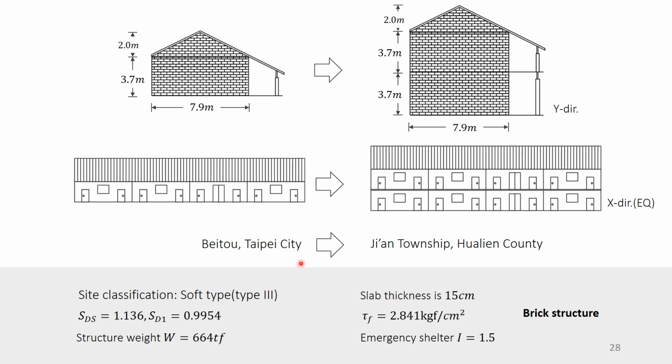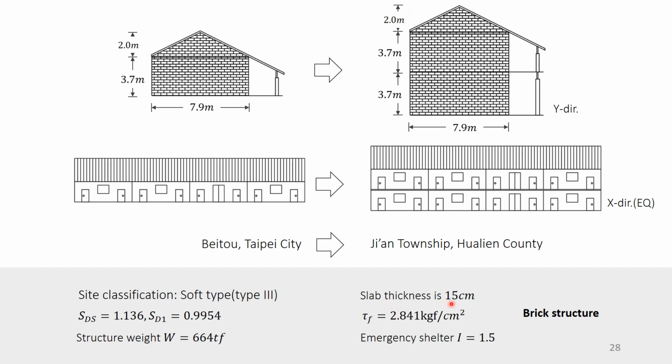So we changed some of the structure's basic information. We turned the structure into a second floor building, and we changed its location to Jian, Hualien. So its site classification is soft type. Its values of SDS and SD1 are determined, and the structure weight is 664 tons.